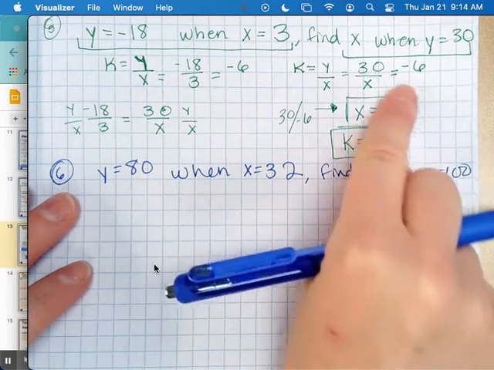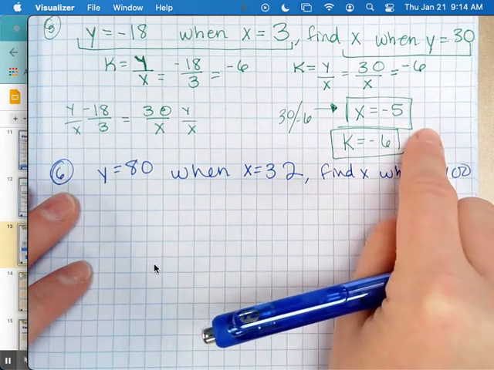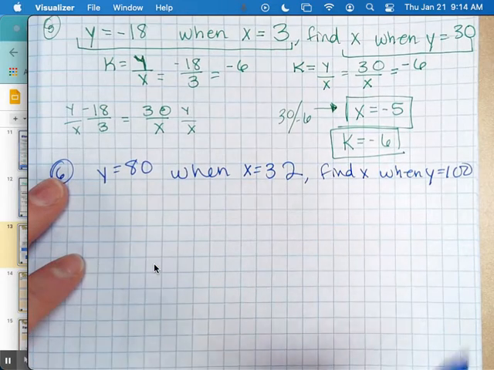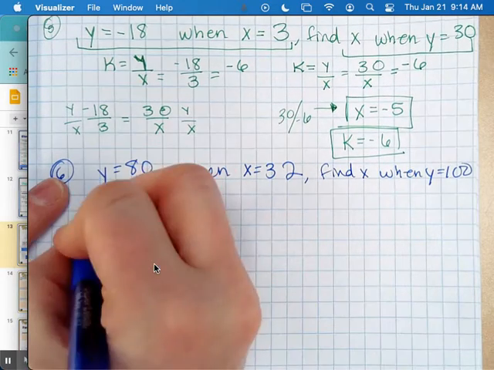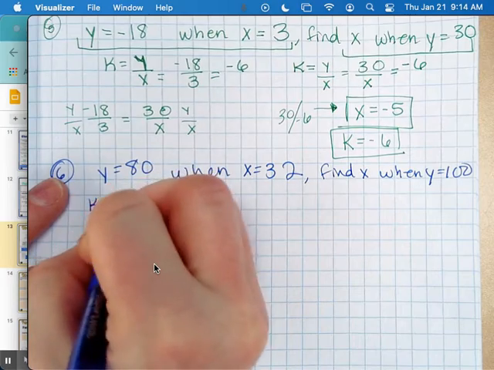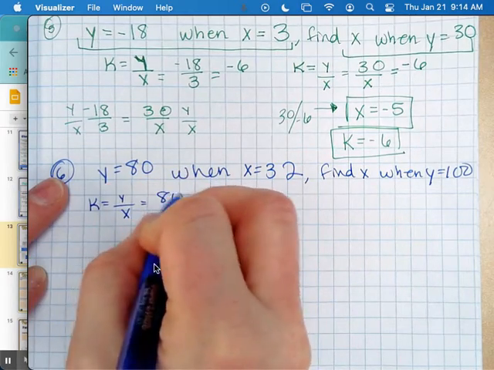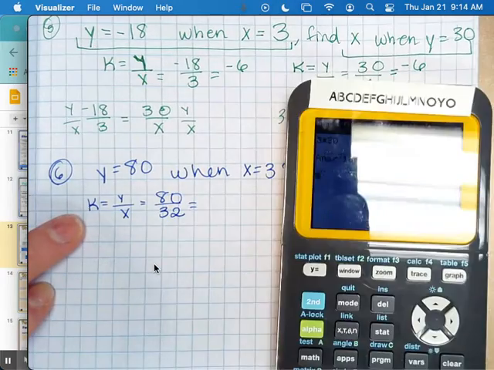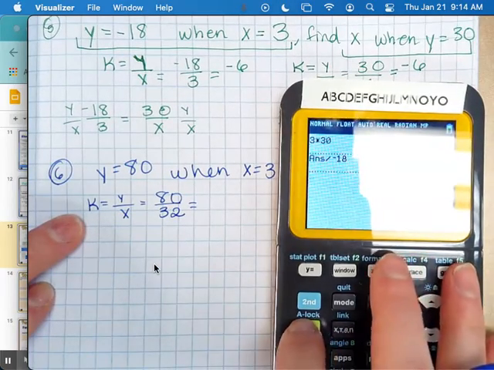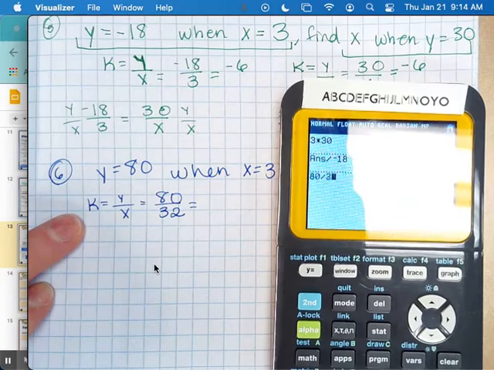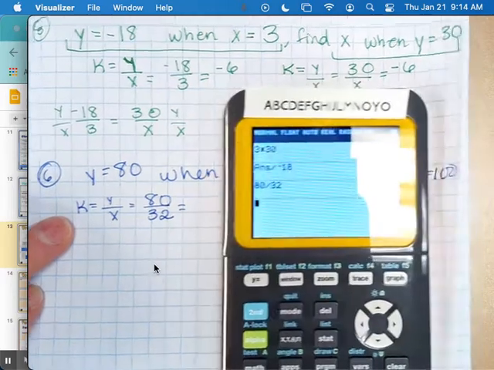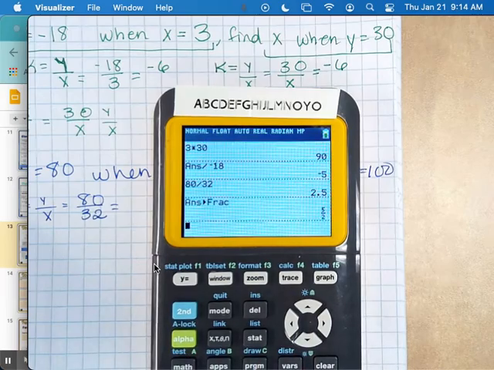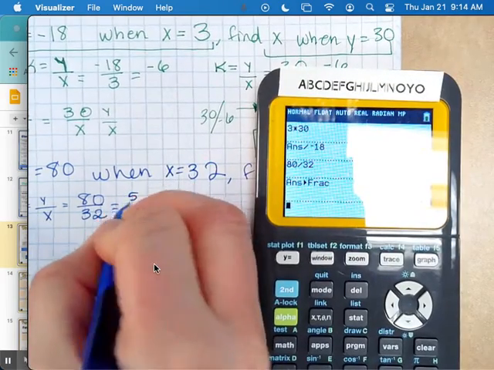Find the k and then find the missing value, or set it as a proportion and find it that way. I'm going to find the k. So it'd be 80 over 32, but I want it as a fraction. So I'm going to do math, frac, enter, 5 over 2.